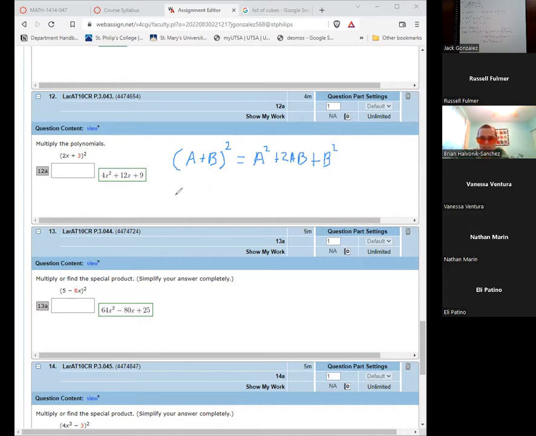So our a and b here is the 2x, right? It's this guy here. And 3. So if you square this, just square the first term.